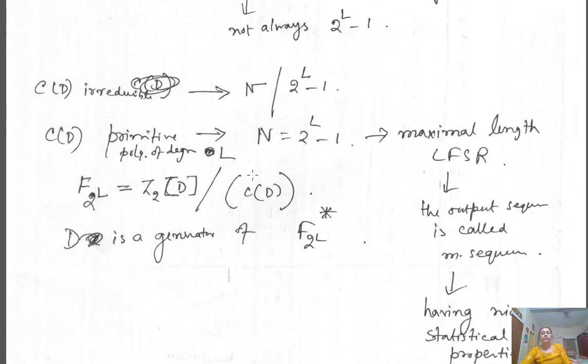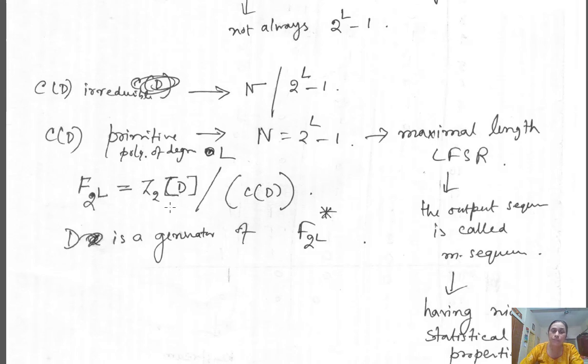What do we mean by this? Z2[D], as I explained, is the collection of all polynomials with coefficients from Z2, either 0 or 1. Now we divide all those polynomials by this degree L polynomial.